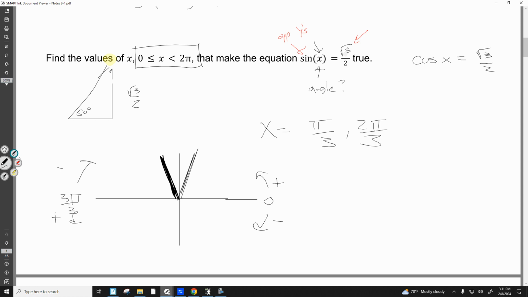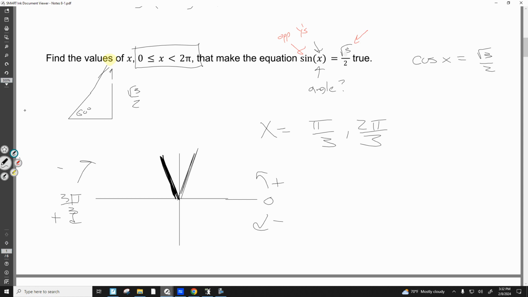Now we're doing cosine x equals root 3 over 2. What do we got? Oh, you guys made the classic error. Oh, I love it. Set you up to knock you down, Mac. Oh, I love doing this. You guys are all like, I got this.